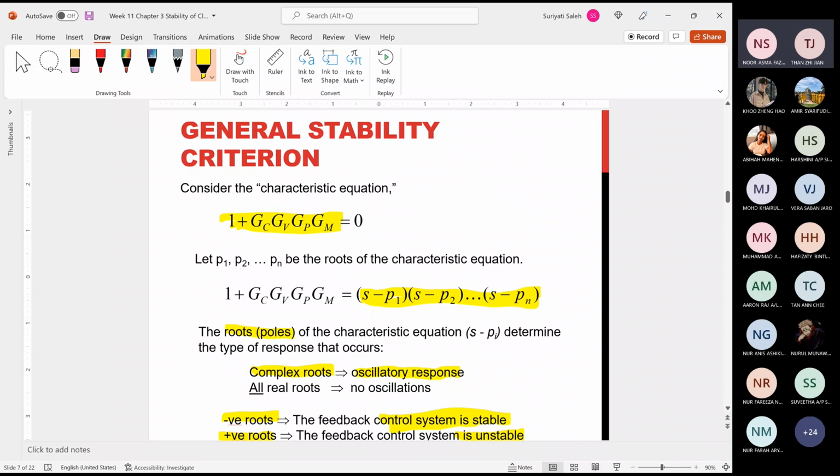Negative complex roots are still considered stable, although oscillatory. If all the roots are real, that means no complex root, then there will be no oscillation. So this is some of the explanation about the roots that you may get.